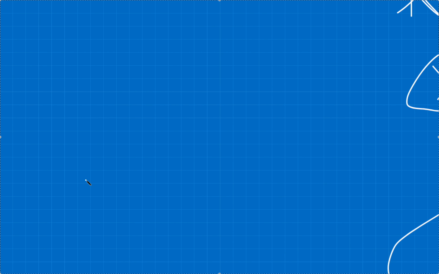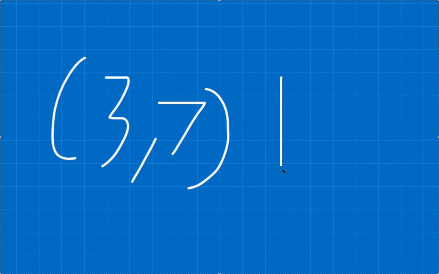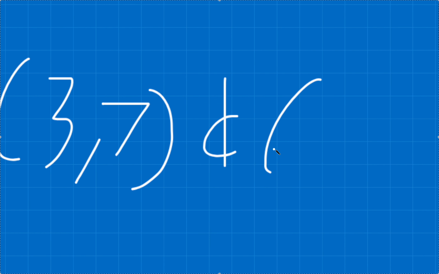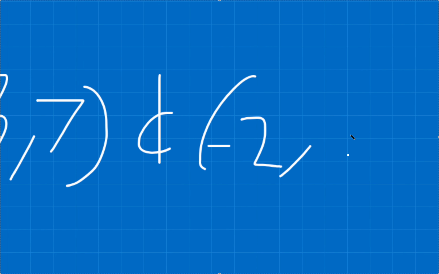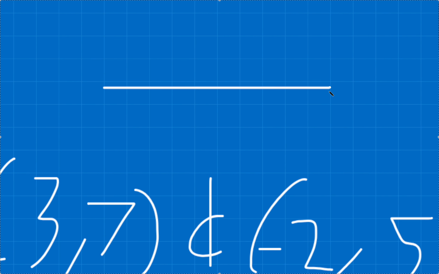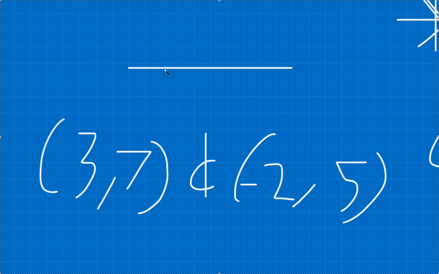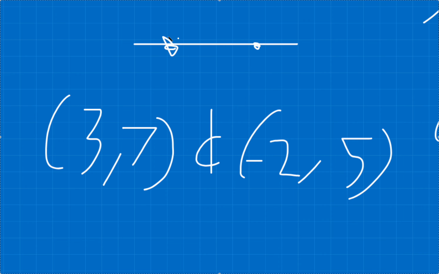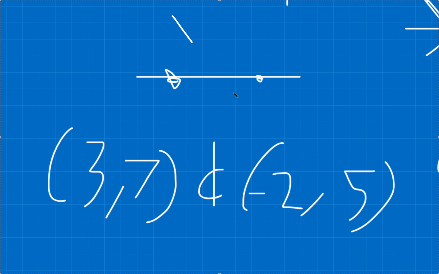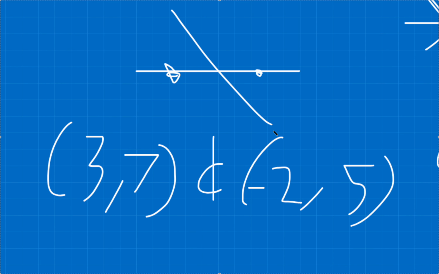Let's say that we have another problem, and we have a line that intersects the points 3, 7 and -2, 5. Using this line, we need to find the line that is perpendicular to it.